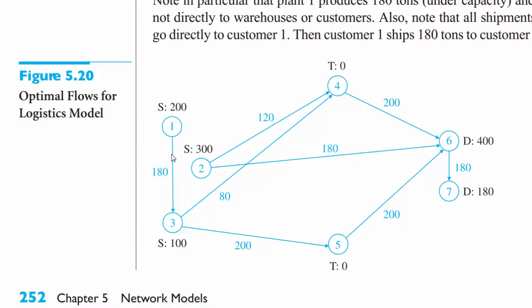We have a flow of 180 here, and then these are the flows from 2, these are the flows from 3, and then 4 to 6, 5 to 6, and then 6 to 7 is 180. These are the flows that Excel found, which is the cheapest transportation plan.